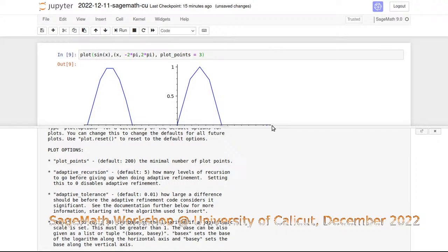Whenever it divides, I'll just try to explain that. Plot points.